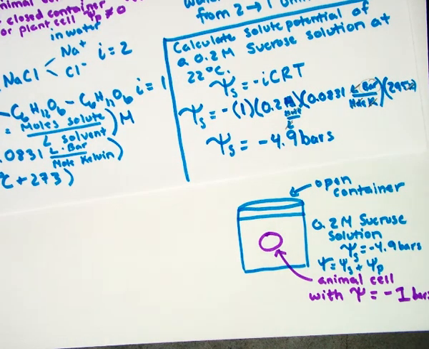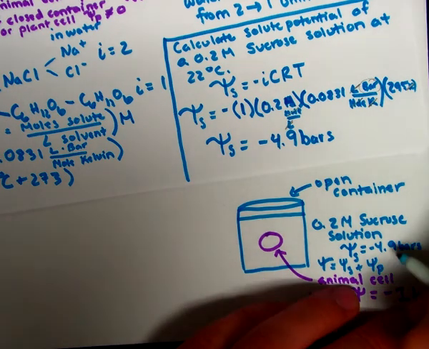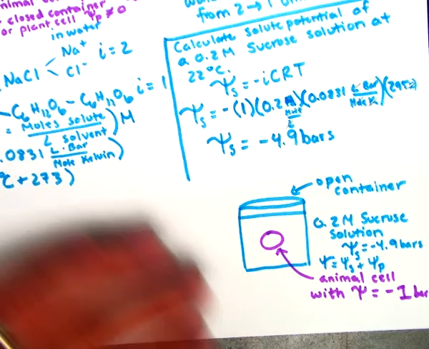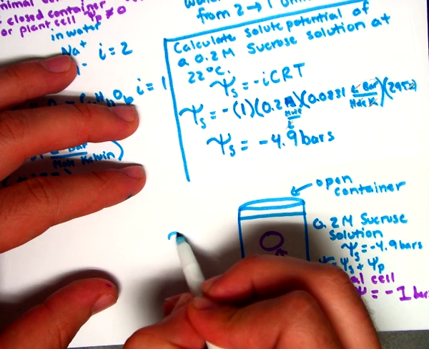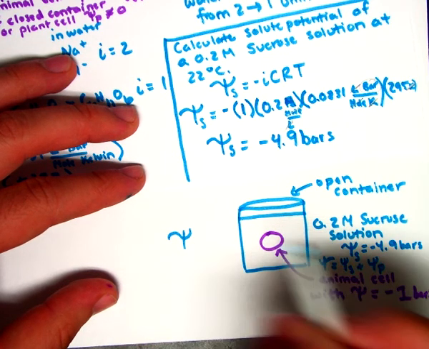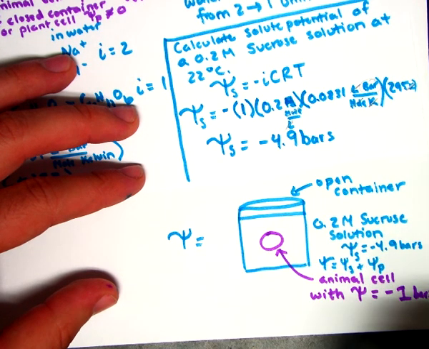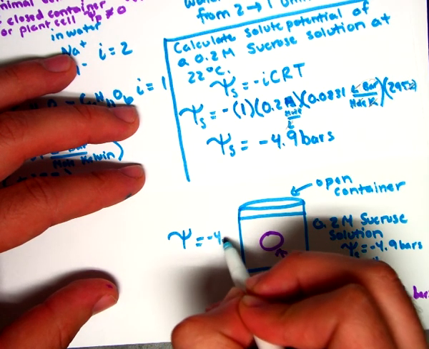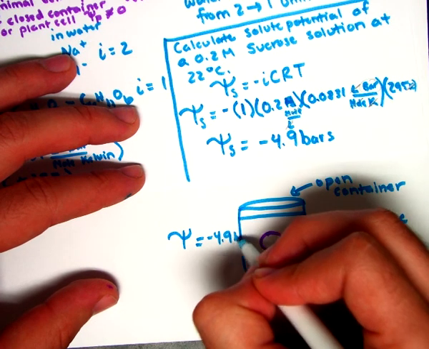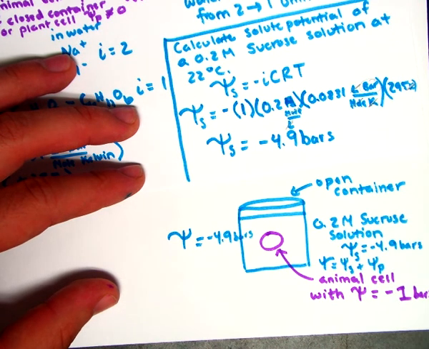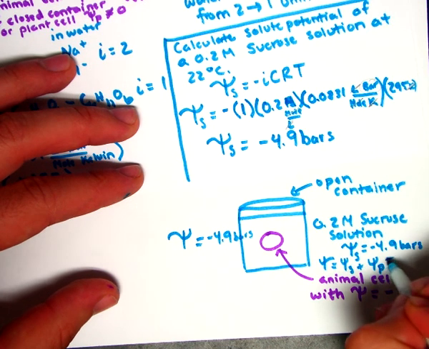So in this case, our psi is equal to negative 4.9 bars because the psi p is equal to 0.